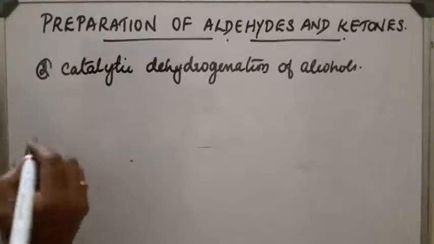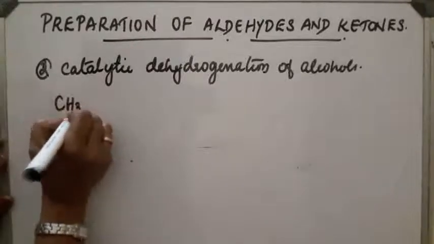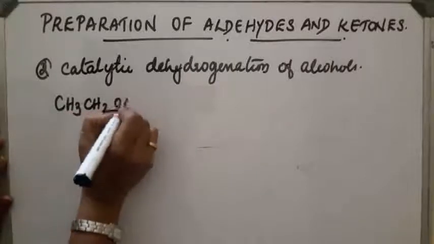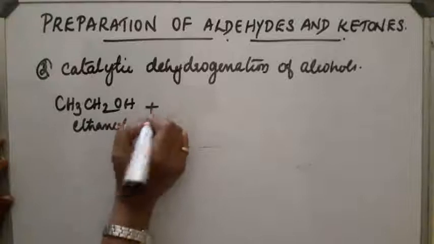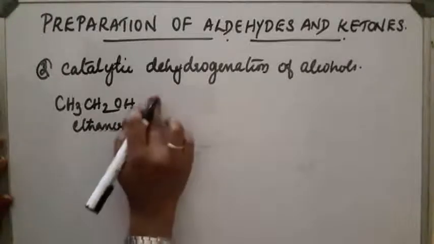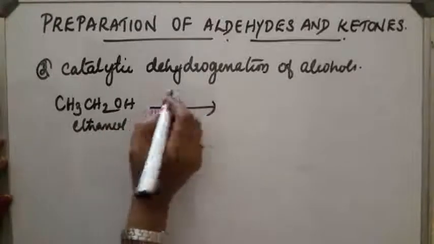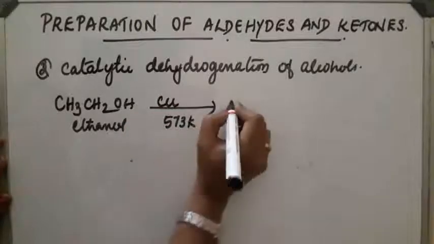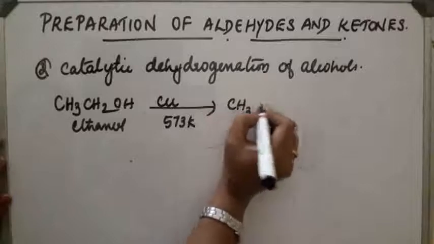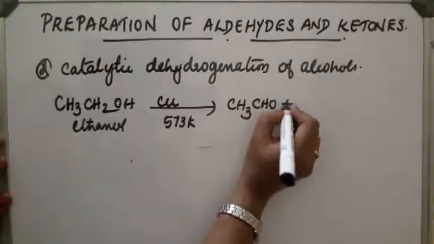So CH3CH2OH, ethanol, on dehydrogenation in the presence of copper at a temperature of 573 Kelvin, gives the product CH3CHO plus H2.